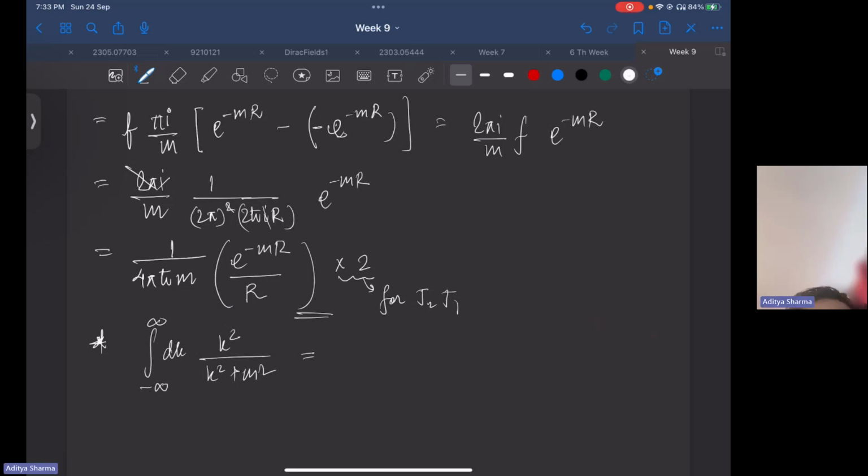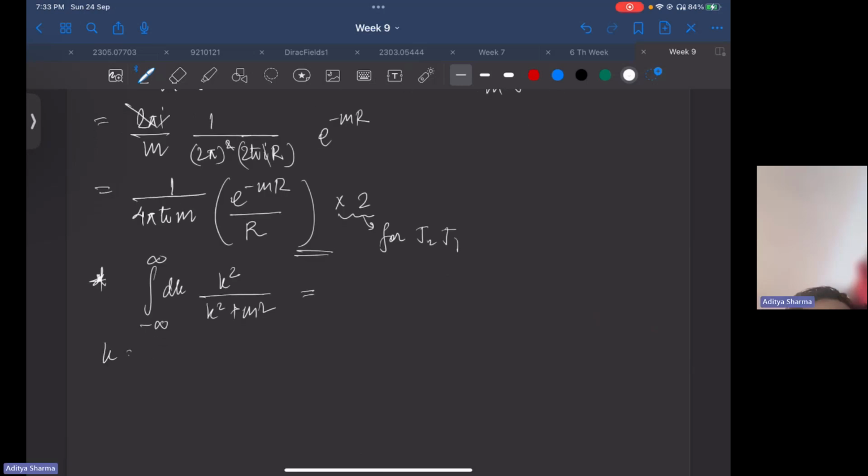In this integral, k is equal to tan theta times m. So dk is m sec squared theta d theta.